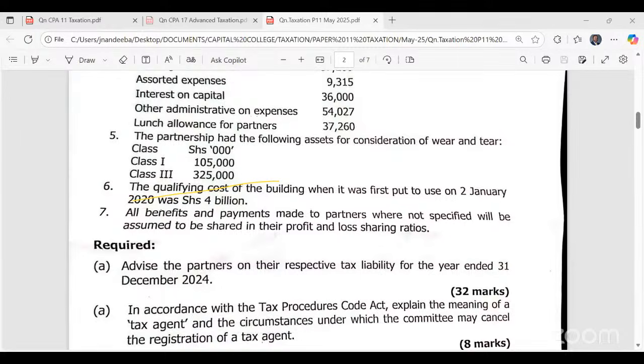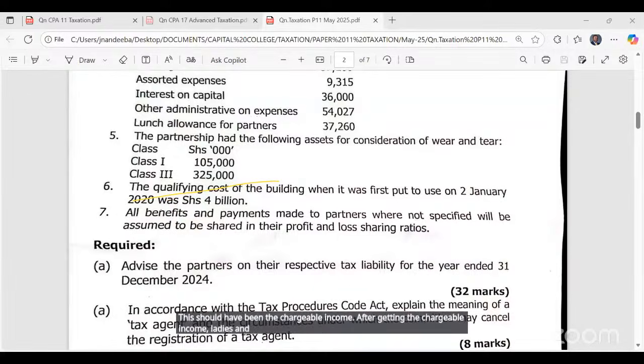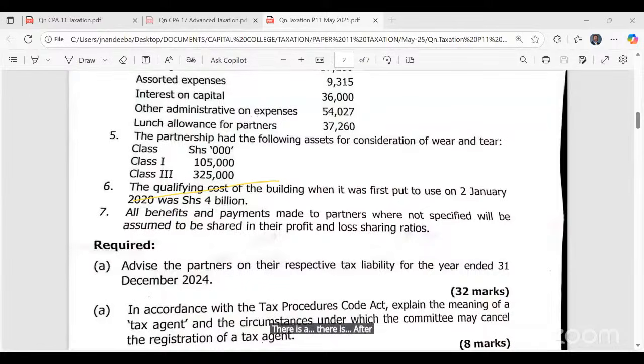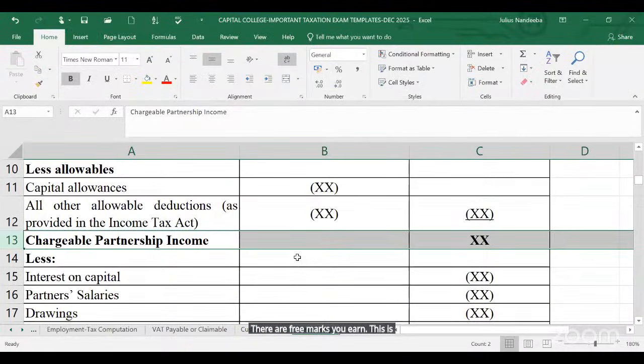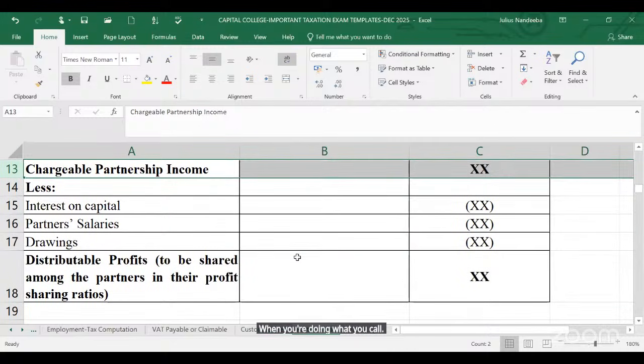After getting the chargeable income, ladies and gentlemen, there are free marks you earn. This is how you earn your free marks. When you're drawing what you call the appropriations account, where you're going to determine the distributable profits.